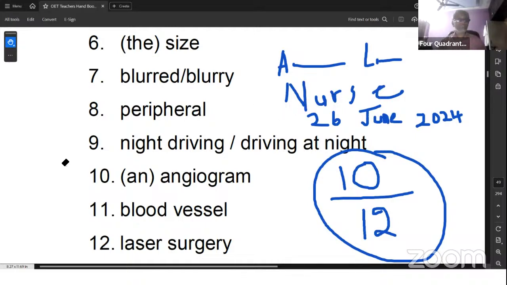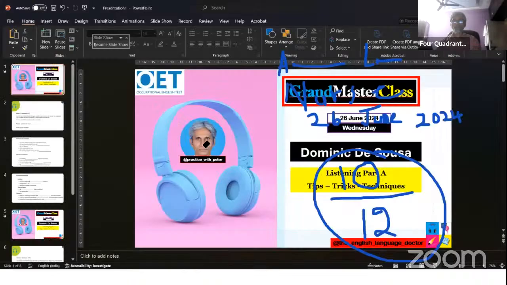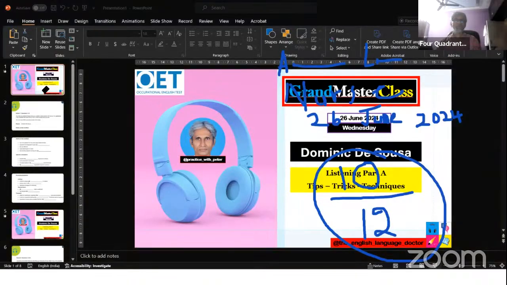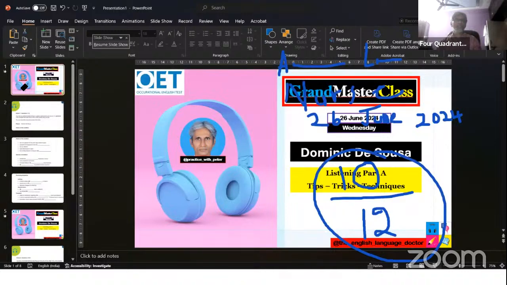So next one. What's the name of this task? What's the name of this patient? Dominic D'Souza.